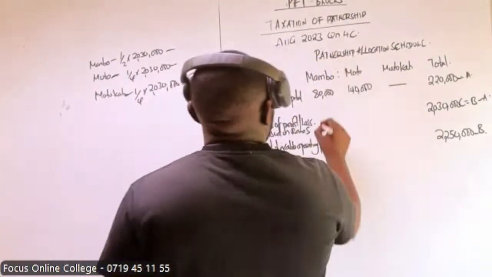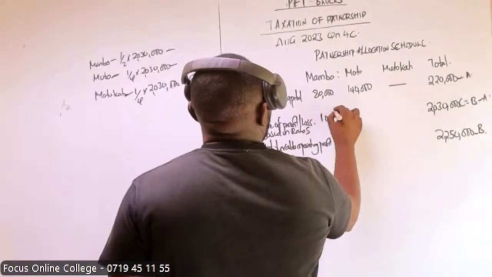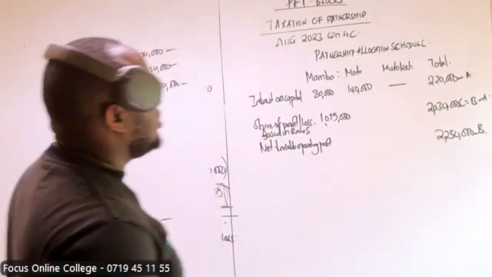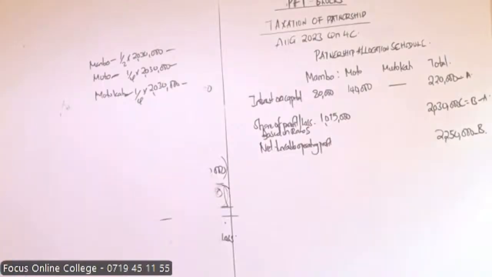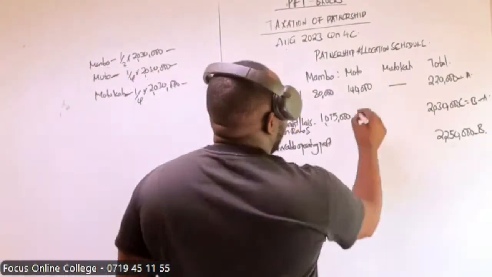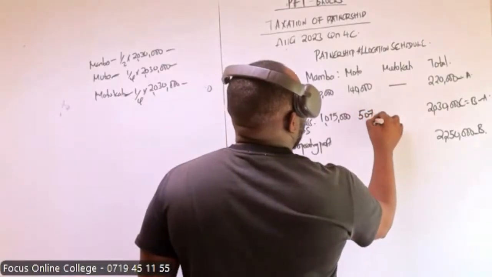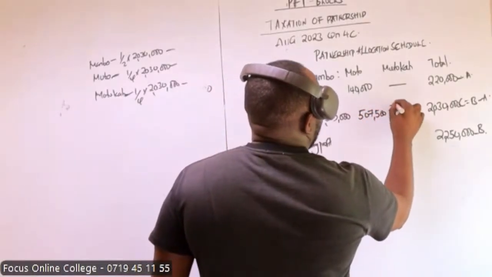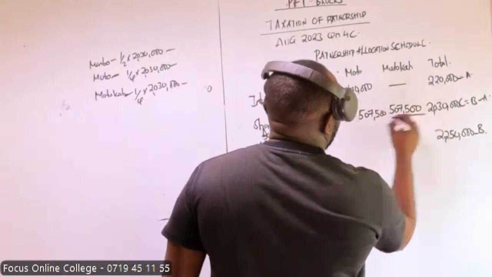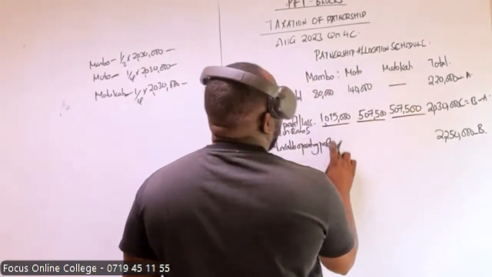So this is 1 million 15. What about for the two more, Moto and Motor Car? So that's 507,500.